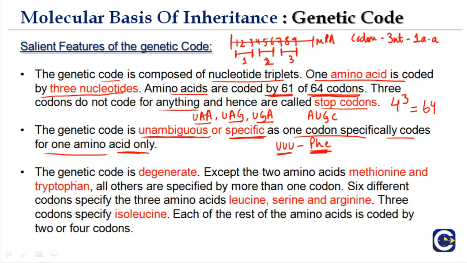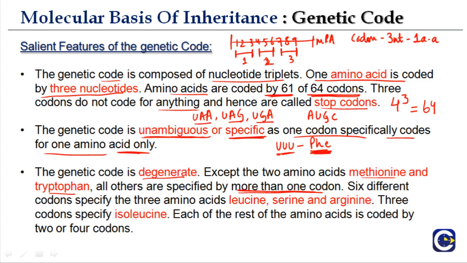Then the genetic code is degenerate. Except the two amino acids methionine and tryptophan, all others are specified by more than one codon. This can sometimes be confusing, this second point and third point, but if you go through it one by one very nicely, it will be very clear. The second one says it is unambiguous, which means one codon codes only for one amino acid.